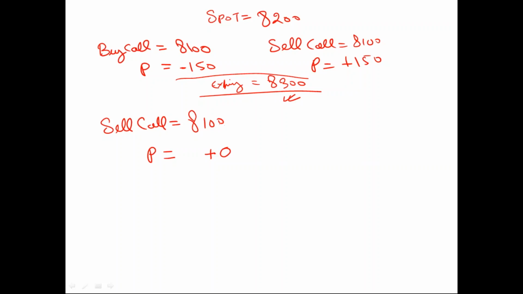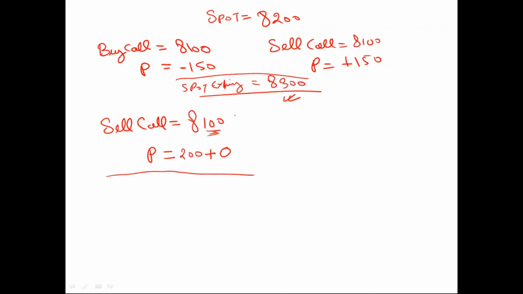So sell call at 8,100 strike price, the exercise price. Spot minus strike, the difference would be 200. So spot is 8,300 on expiry, and the intrinsic value is your premium.